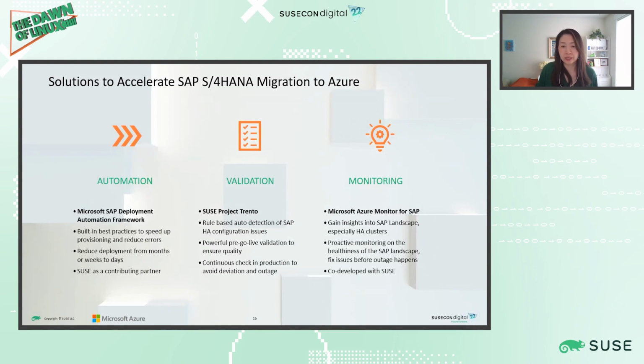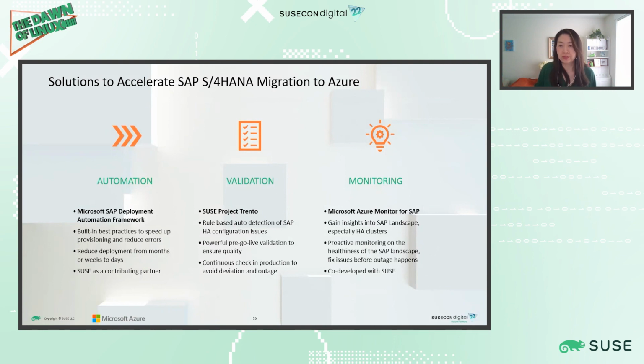Trento is developed based on SUSE's best practice and also Azure's best practice. It provides checks on the SAP landscape, especially the high availability clusters. And there are two use cases. The first one is pre-go-live validation to ensure the quality.